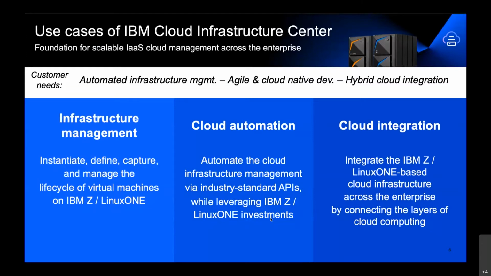You can provision them in bulk, so it's not just a one-to-one deployment. And the product helps you to manage those virtual machines throughout their life cycle. You can define ones, capture them, make a snapshot, start, stop, delete, restart, all the usual capabilities that you would expect throughout the life cycle of your virtual machines.